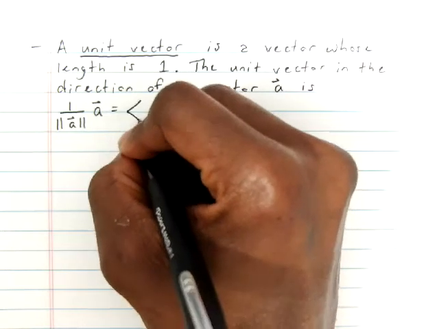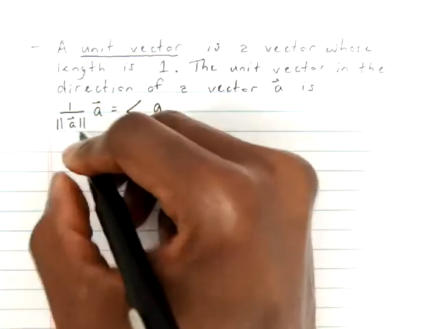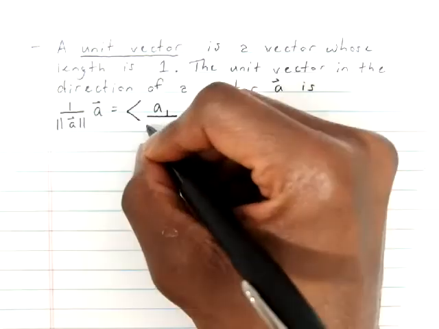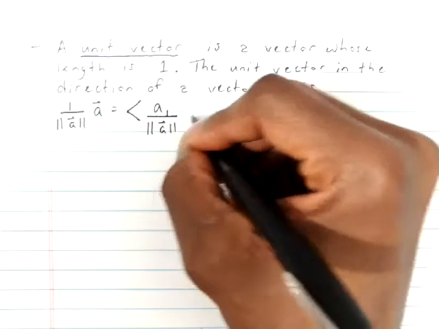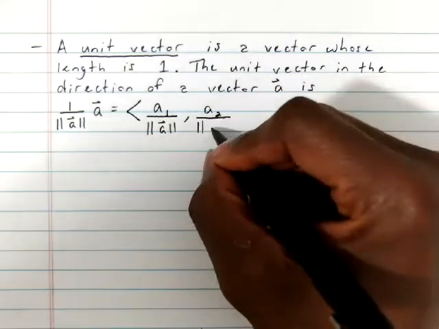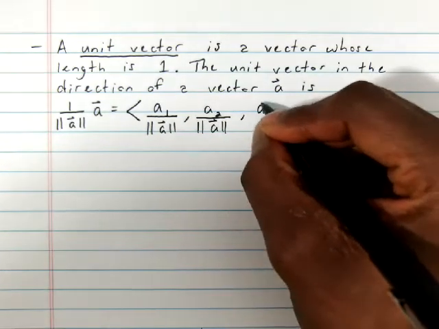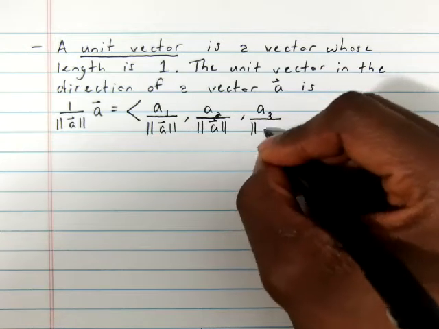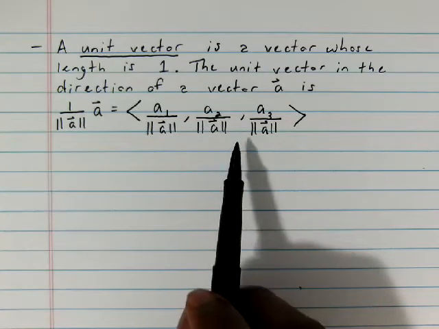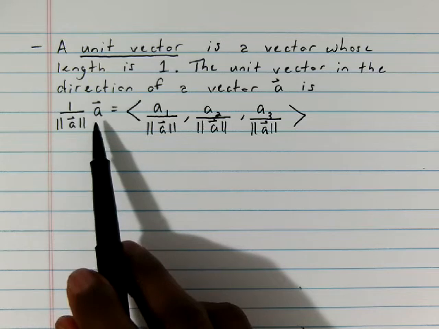So that is the vector A1 divided by the length of A, comma, A2 divided by the length of A, and A3 divided by the length of A. All we do is take all the components of the vector A and divide them by the length of A. And now we have a new vector. This vector points in the same direction as A, but it has length 1.